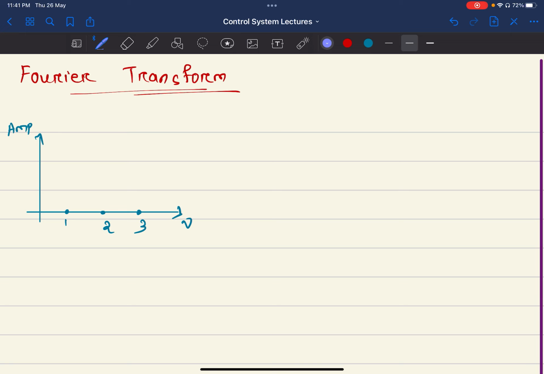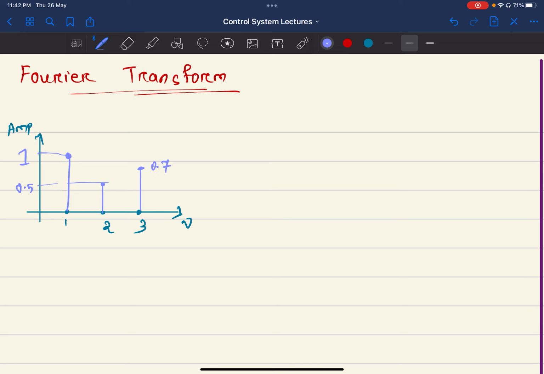So just imagine this has amplitude 1, at 2 maybe 0.5, and at 3 maybe 0.7. This is the frequency domain information you are given. Can you reconstruct the time domain signal, the actual signal?